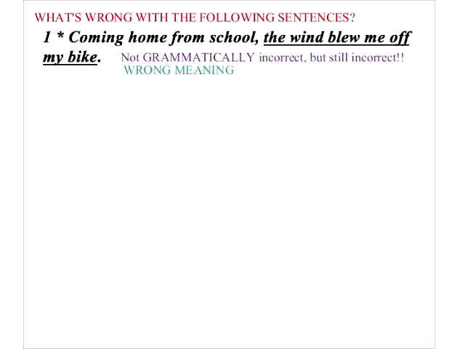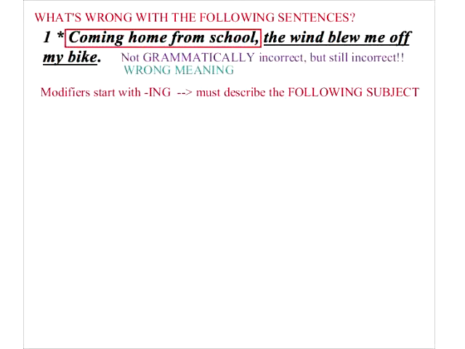So this sentence doesn't mean the right thing. Let's talk about it. This is an initial modifier. When you have modifiers that start with ing, they must actually describe the following subject. This is the rule.